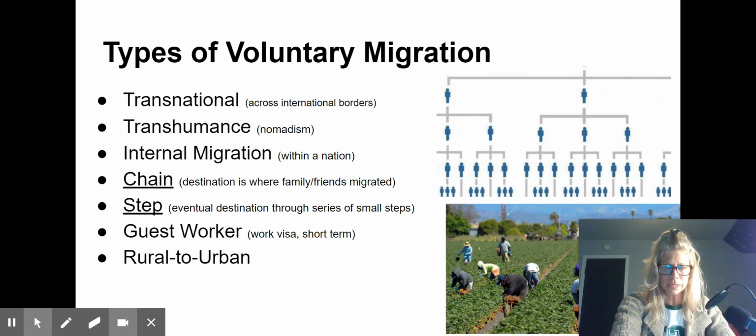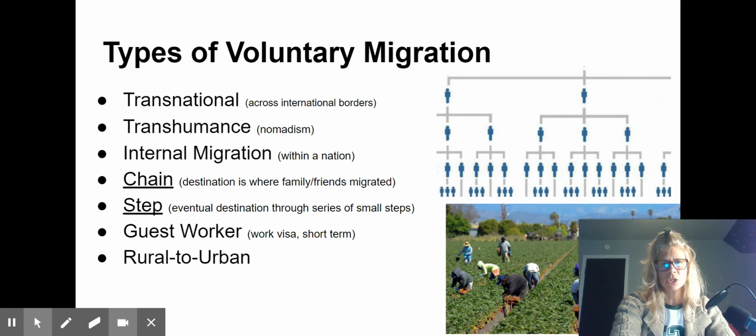This usually relates to herd animals. When people are nomadic and they're following the herds, that is going to be a transhumance form of migration. Then internal migration is just like it sounds. You are migrating within a country or a state or a nation.